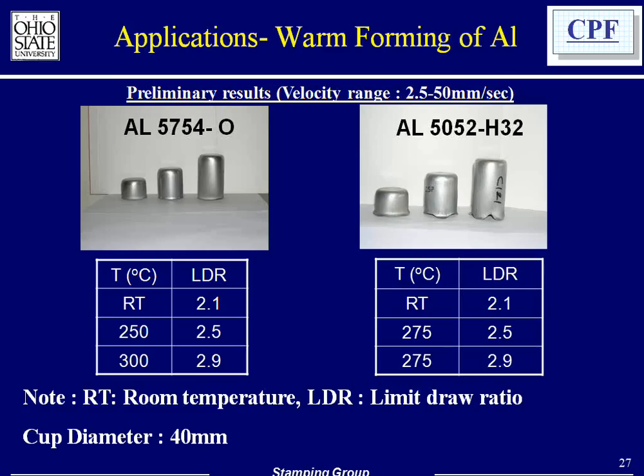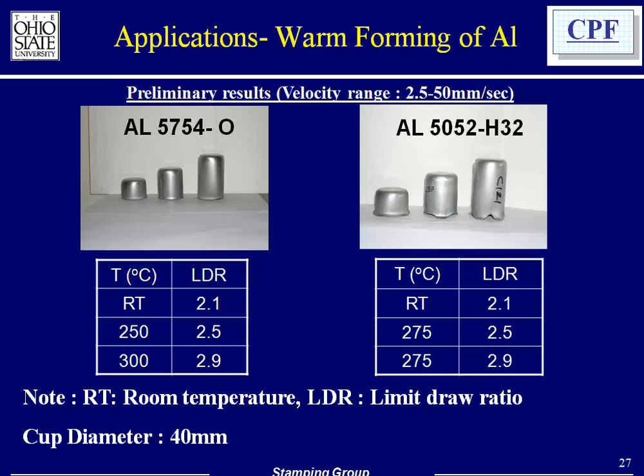We formed this 40-millimeter cup, just for laboratory experimentation, and we could increase the LDR, which is the limiting draw ratio, that is to say, the ratio of the diameter of the initial blank to the diameter of the cup. We could increase that to 2.9 by increasing the temperature of the aluminum alloy, and this was done by heated dies that heated the material.